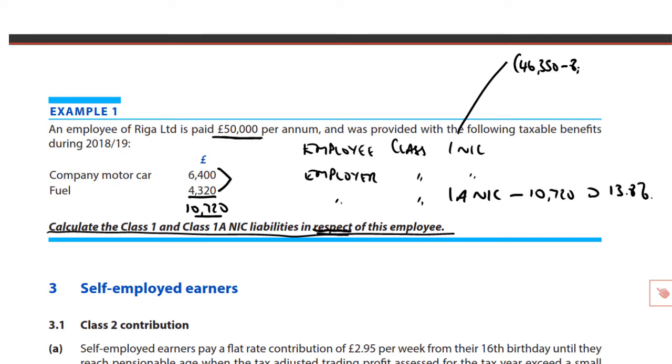46,350 minus 8424. The entirety of that main rate band is at 12%. Had we only got £40,000 worth of employment income, we'd have just had 40,000 minus 8424 at 12%, and there'd be no 2% band to apply.